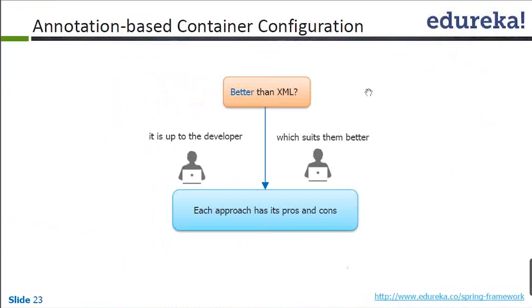So here comes the chicken problem again. People ask whether XML configuration is good or annotation configuration is good. Both have their own advantages as well as disadvantages. We will understand that better when we develop more.